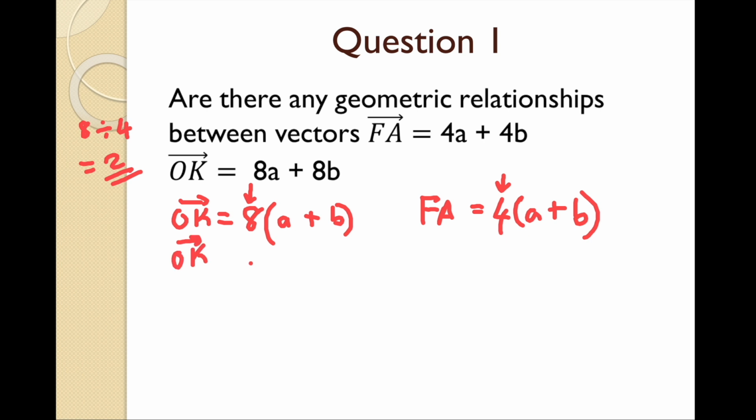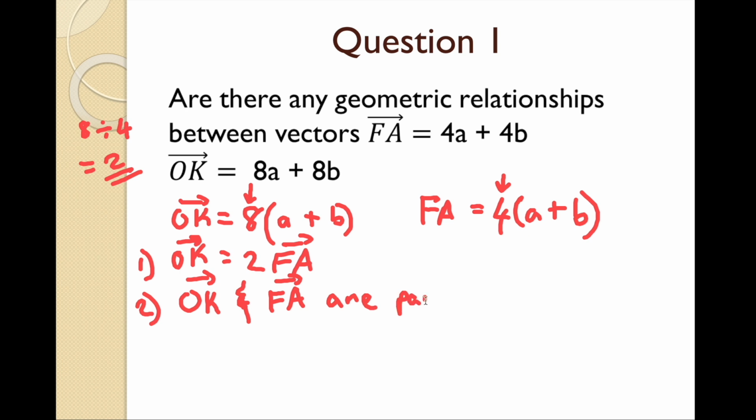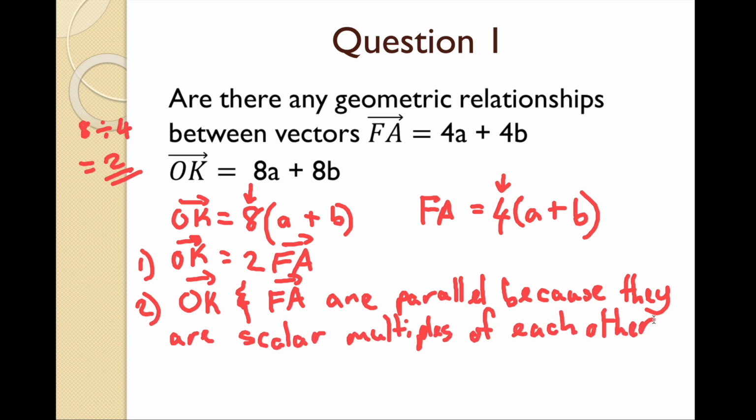So OK is twice the size of FA. That's one geometric relationship. The second one? Excellent. OK and FA are parallel. Why? Because they are scalar multiples of each other and do not share a common point.